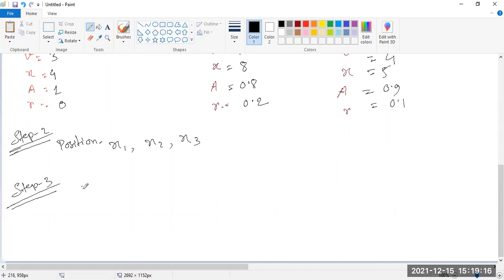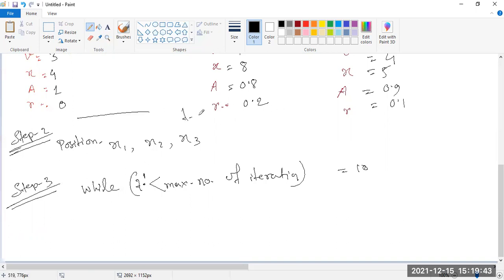For step 3 you have the iteration. Just remember the iteration: t means the iteration, and there is a maximum number of iterations. Say your iteration is 10, so this is the first iteration, t0.